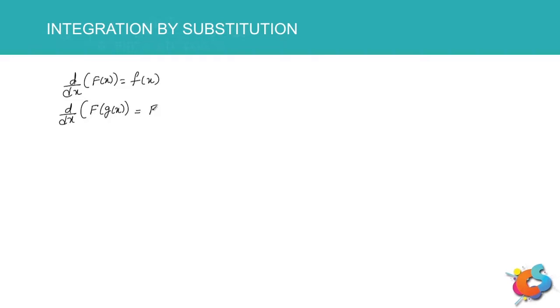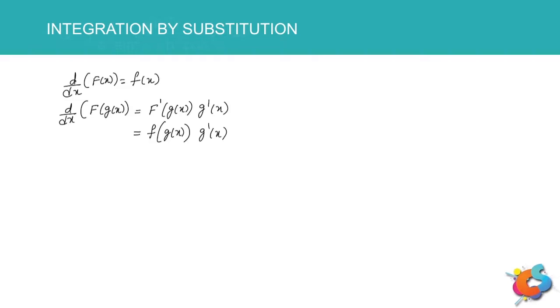So this is the same as f dash of g of x into the derivative of g of x, which is g dash x. This is the same as writing f dash of g of x into g dash x. So the same technique we will apply in integration also.